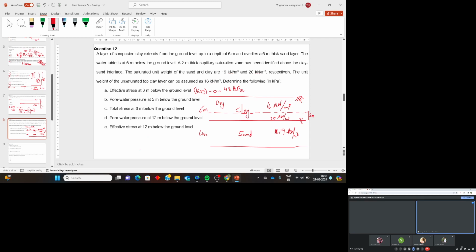And second part, pore water pressure at 5 meter below the ground level. This is ground level. Please read the question carefully and answer. Pore water pressure at 5 meter below the ground level.